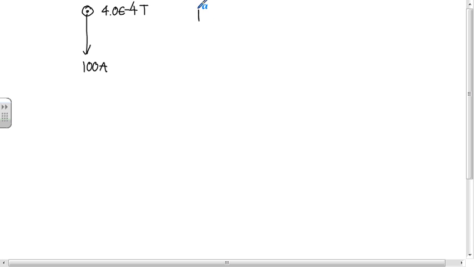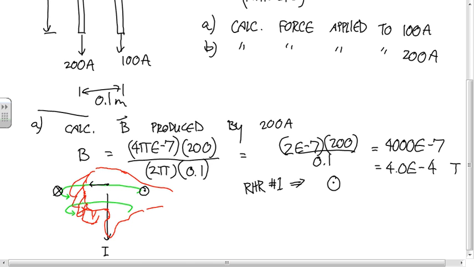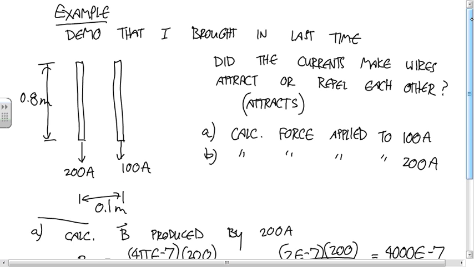The magnitude of the force is equal to the current times the length that that current's exposed to the magnetic field. What's that? That's the 0.8, yep.